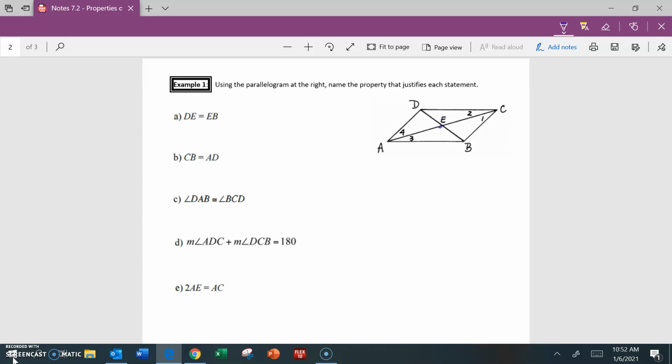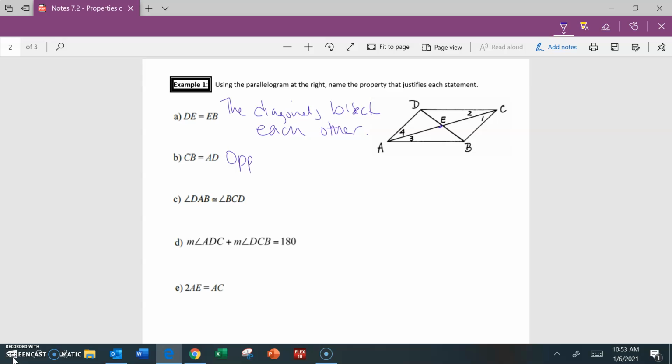So why is DE equal to EB? Well, that's because the diagonals of a parallelogram bisect each other. It just helps to write them so you kind of review the properties. Why is CB in this diagram equal to AD?